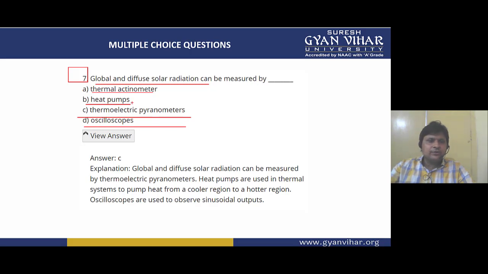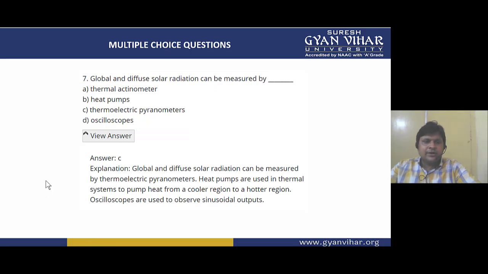So we all know that actinometer is used, but not the thermal actinometer, but C, the thermoelectric pyranometer. As in the discussion also we have seen, this thermoelectric pyranometer is used for this purpose. In all the options, C is the correct option.